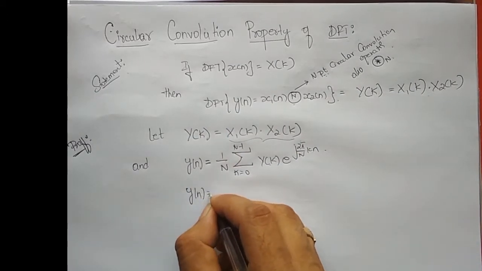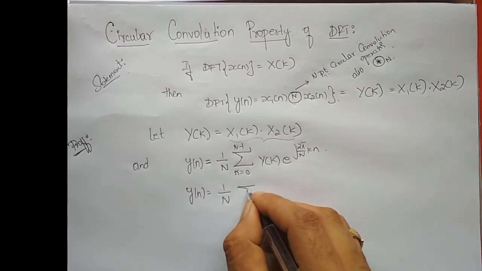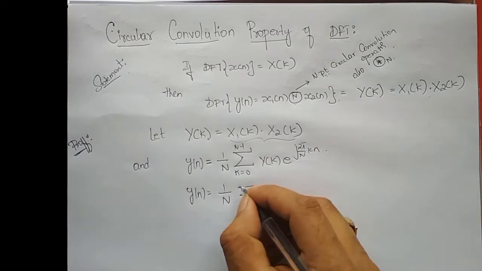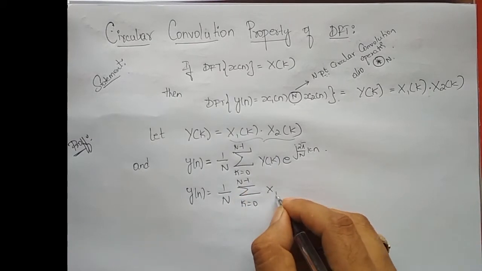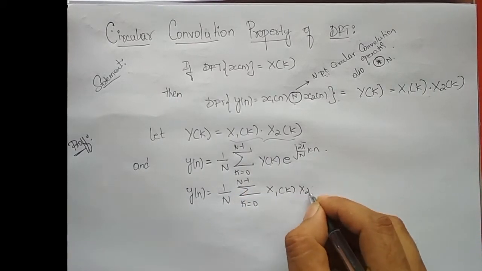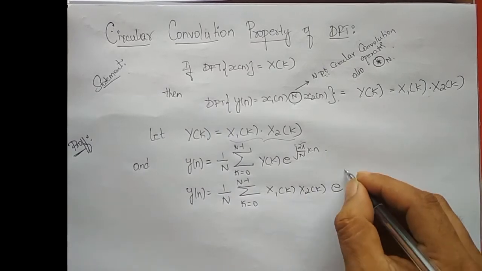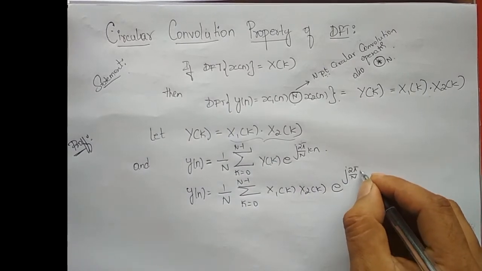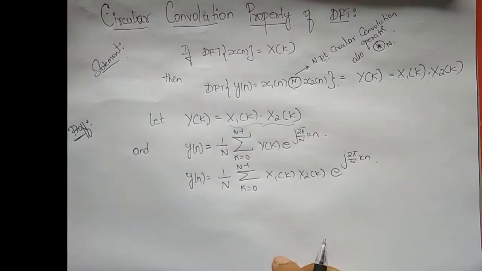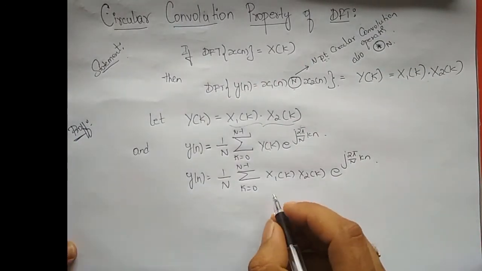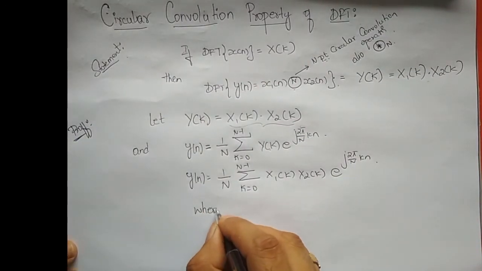y of n is equal to 1 by N summation k varying from 0 to N minus 1. What is Y of k? It is X1 of k into X2 of k into e power j 2 pi by N into k into n. Let me define what X1 of k and X2 of k are.